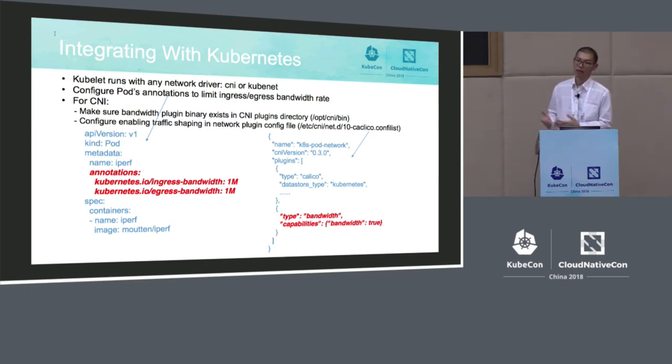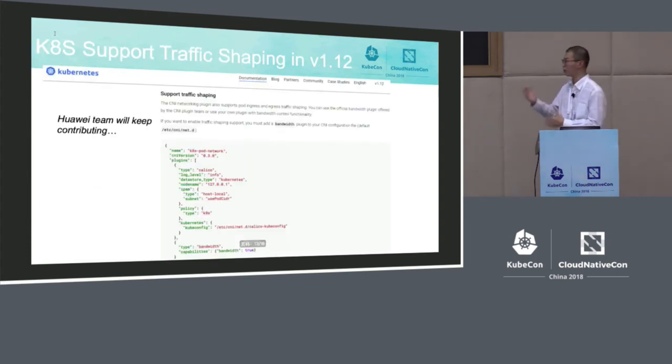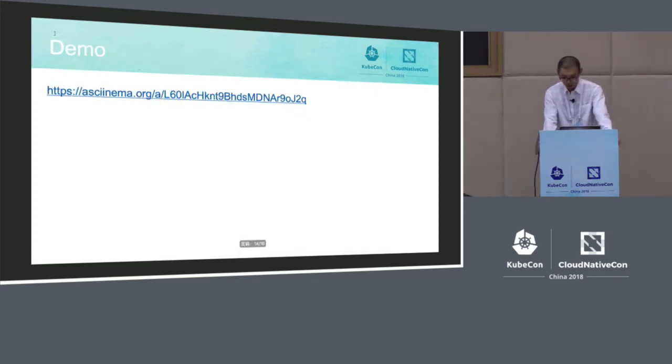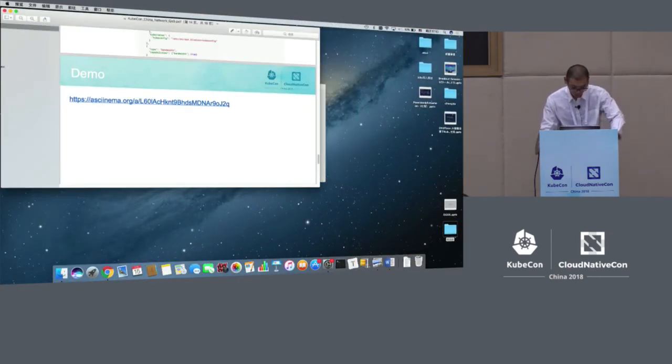They have the ingress and egress bandwidth. Later versions will support burst, and the configs will be migrated. I work for the upstream, so we will continue to contribute to the development.